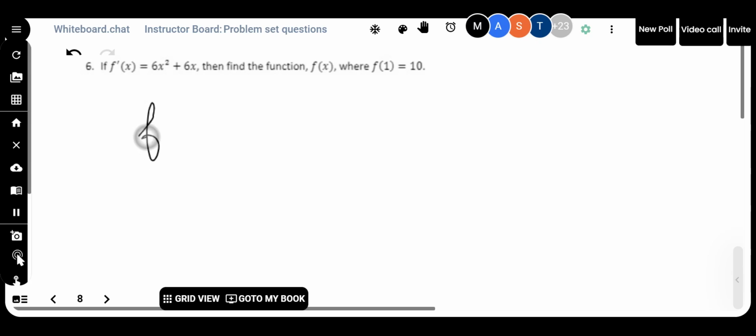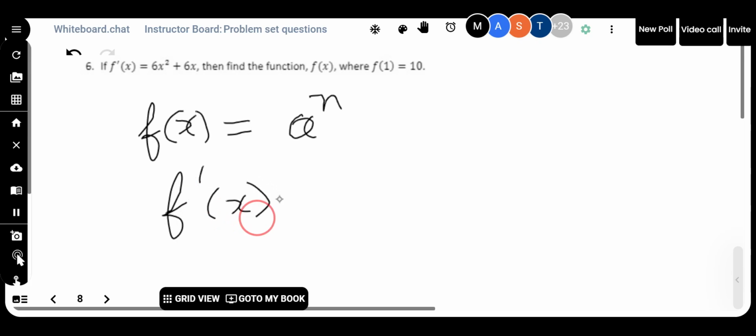If the function is equal to a to the power of n, then what we do is we take n and multiply it by a to the power of n minus 1. That's how we normally, for simple polynomials, find a derivative.